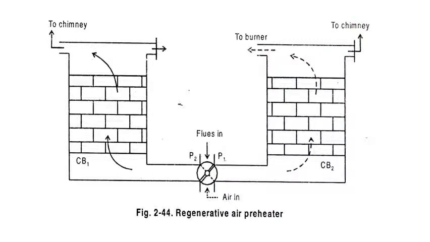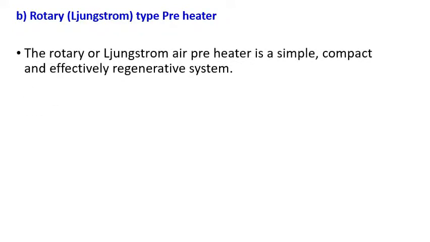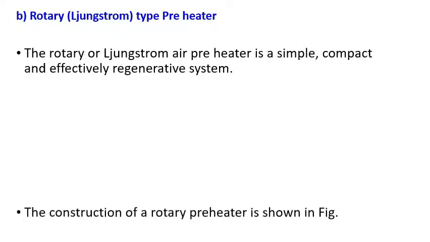That depends on the make. Rotary or Jungstrom air preheater: the Jungstrom air preheater is used in many of the newer power plants. The rotary or Jungstrom air heater is simple, compact and effectively used.